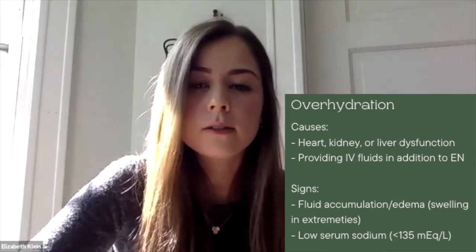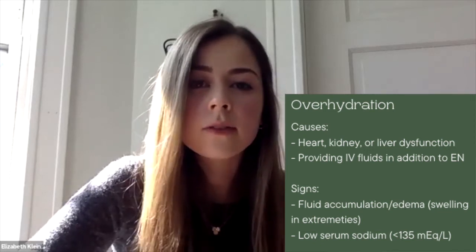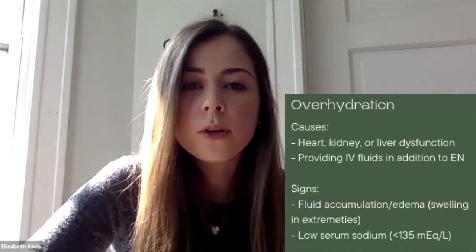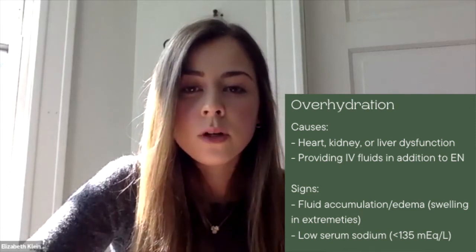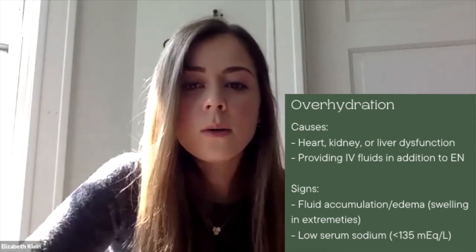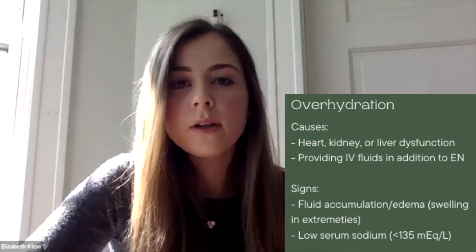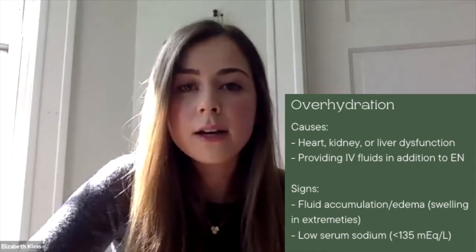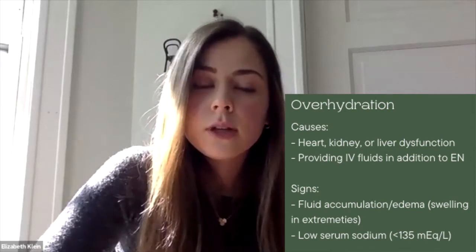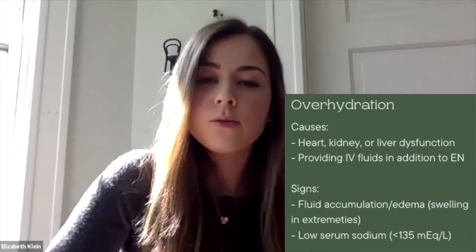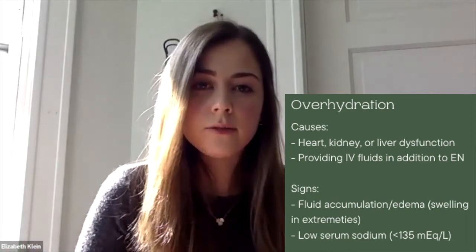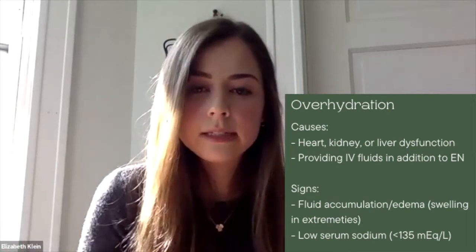So if a patient has heart failure, if they have kidney failure or liver dysfunction, they're more prone to fluid imbalance issues. Also, it could be a patient's getting IV fluids in addition to their enteral nutrition and free water flushes. And so from all these different sources, you're actually providing fluid in excess of their needs.